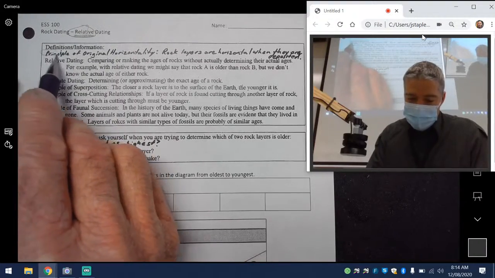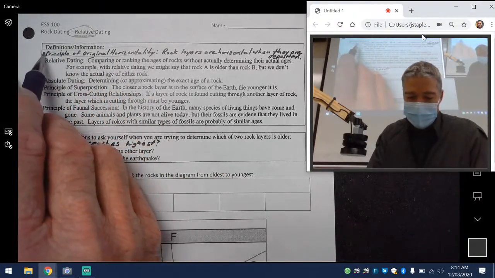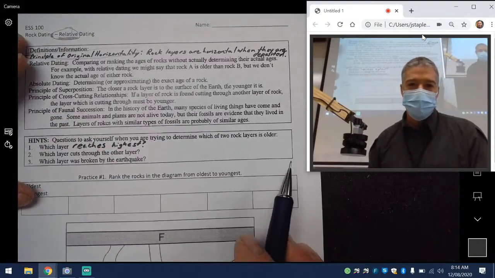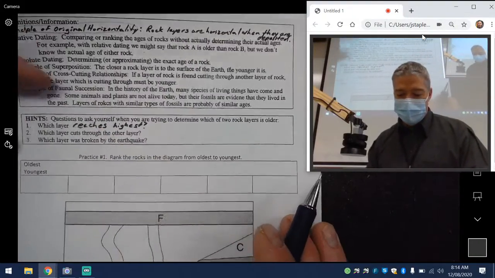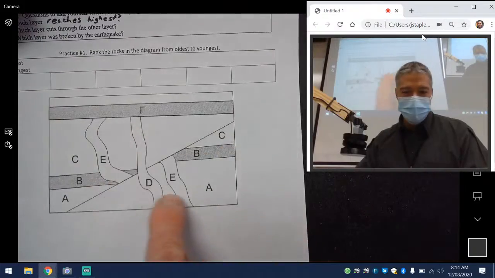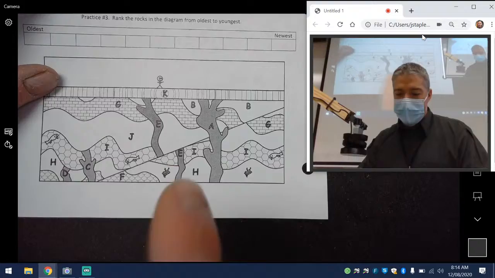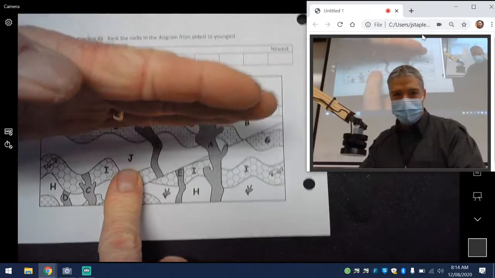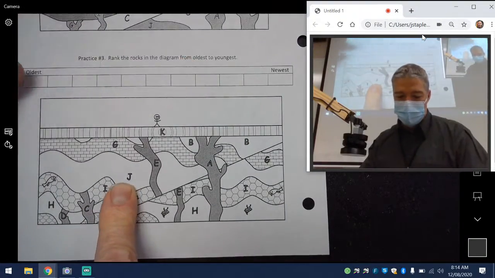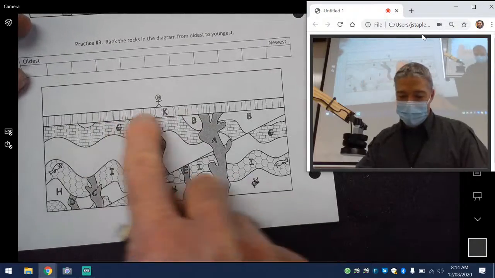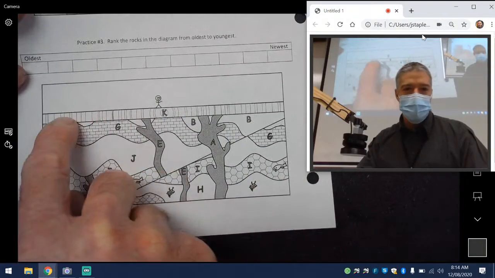This first thing, this principle of original horizontality, that's not really very important for what we're doing. What this principle says is that if these are layers of rock, originally all the layers get laid down horizontally. So if you look at layer K right there, that was probably just laid down.